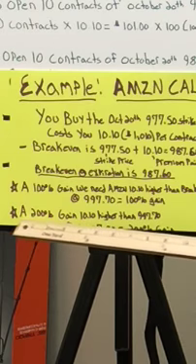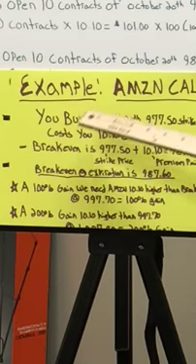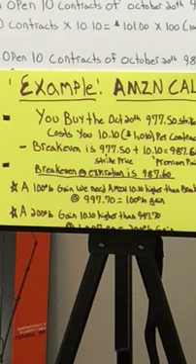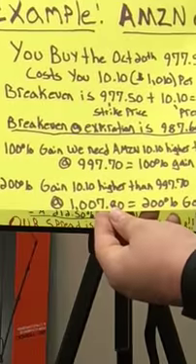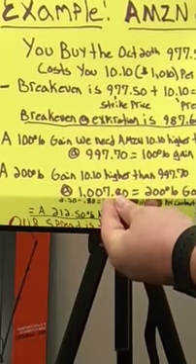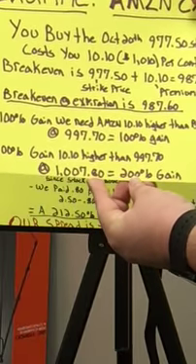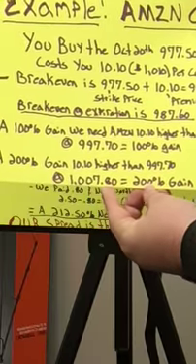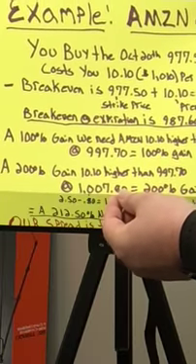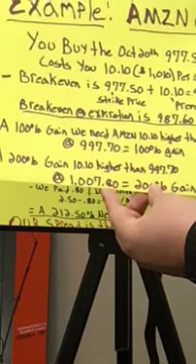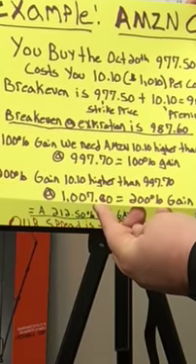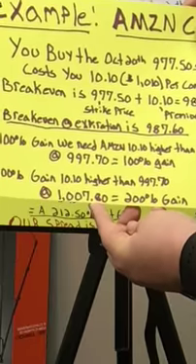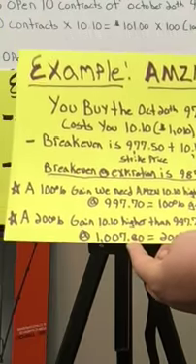For a 200% gain, just buying the calls, we need the stock at $1,007.80, whereas with the call spread, we only needed it at $980 per share for a 212.5% gain.